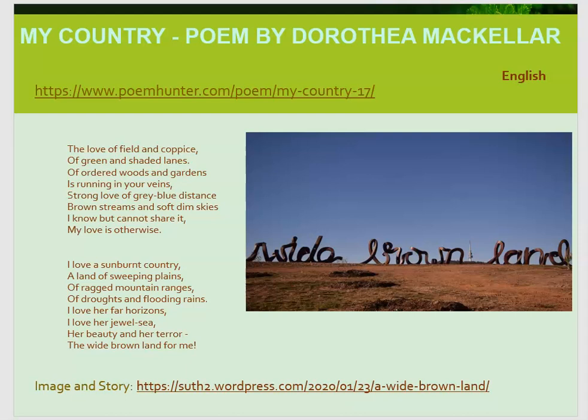The most significant stanza, perhaps, that many of you may have interacted with is: I love a sunburnt country, a land of sweeping plains, of rugged mountain ranges, of droughts and flooding rains. I love her far horizons, I love her jeweled sea, her beauty and her terror, the wide brown land for me. And of course, then we have on the right hand side the artist talking about the wide brown land and having a sculptural piece sitting on that wide brown land.